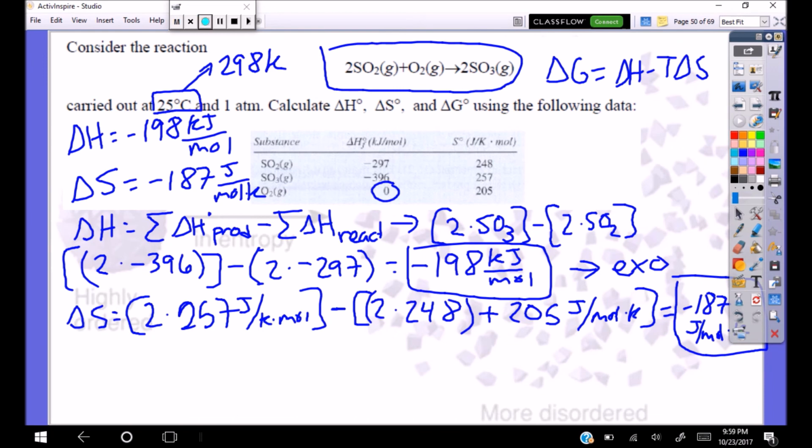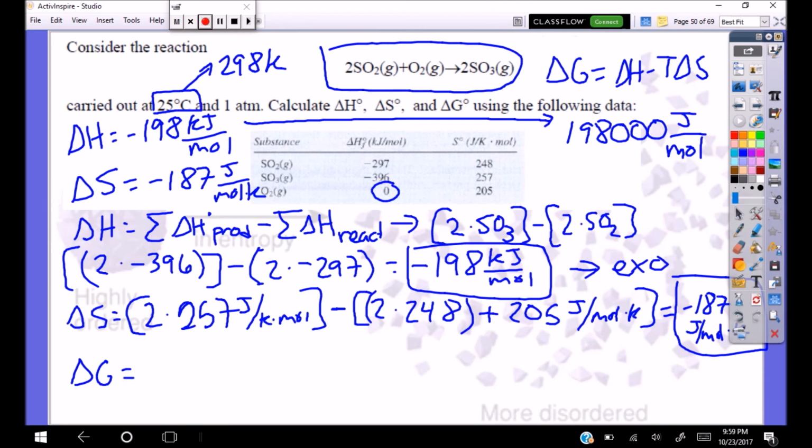So let's use my equation, but before I use my equation, I need to convert this to joules because otherwise this is not going to work out very well for me. All right. So delta H is really going to be this many joules per mole. So delta G equal to negative 198,000 because of my sign, joules per mole.